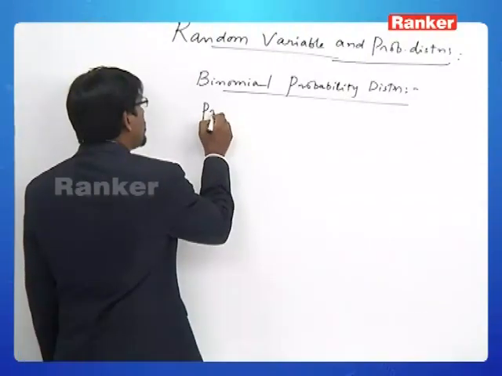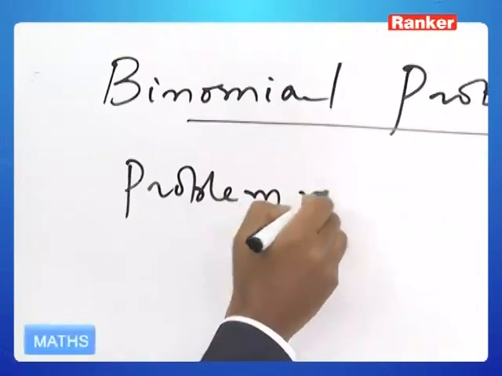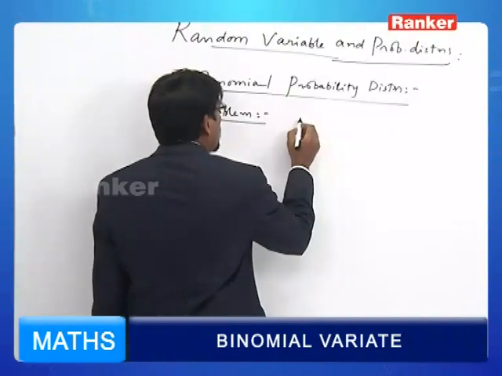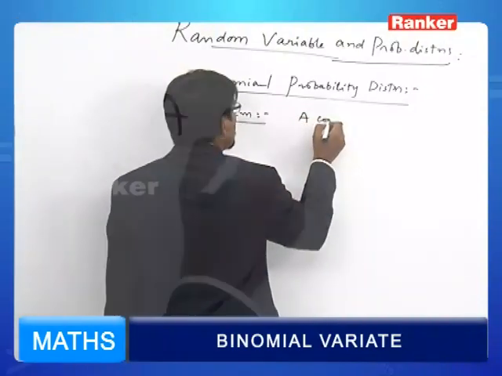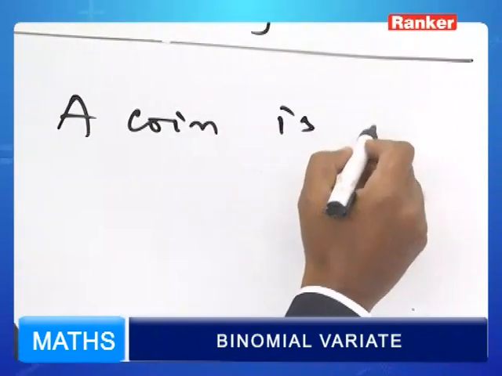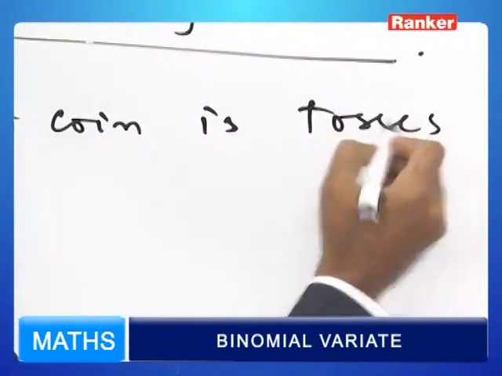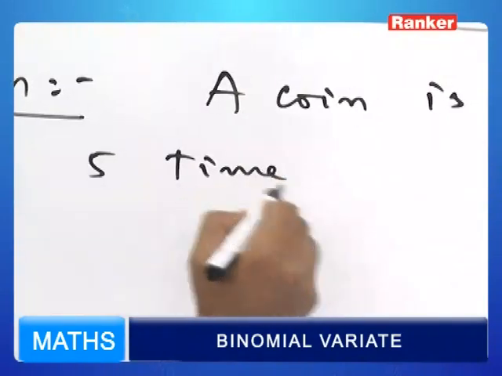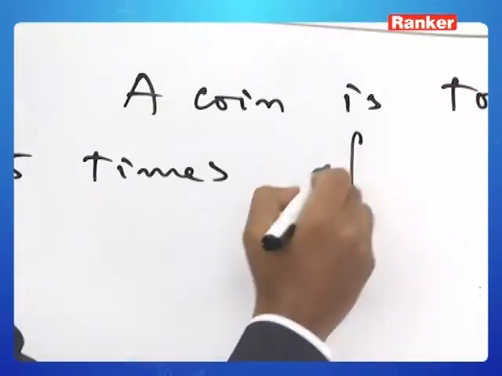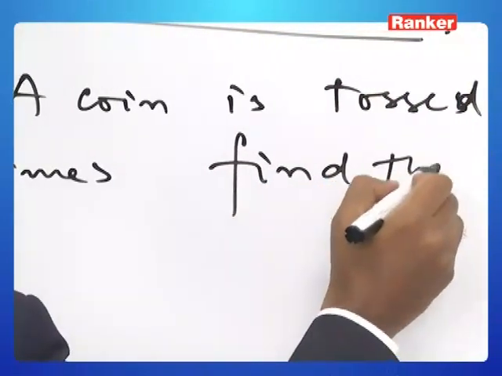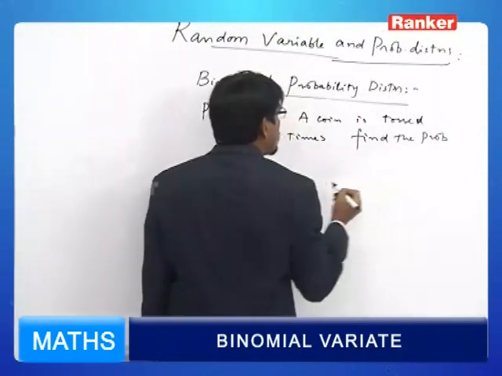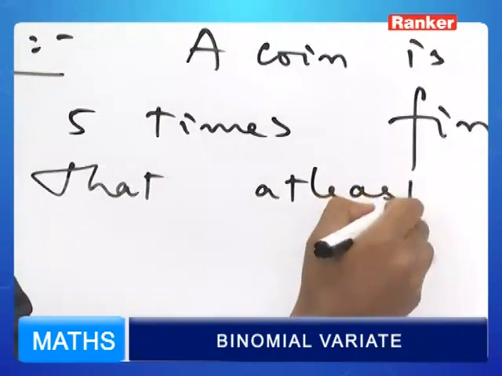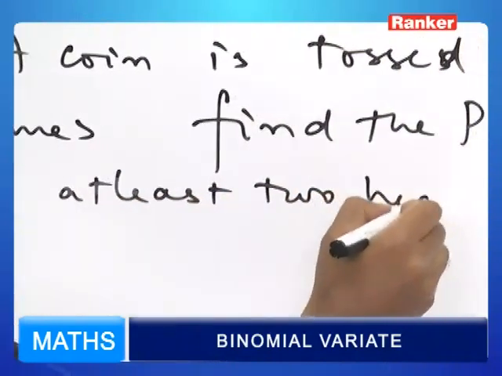We will just take up a problem now. A coin is tossed five times. Find the probability that at least two heads appear.